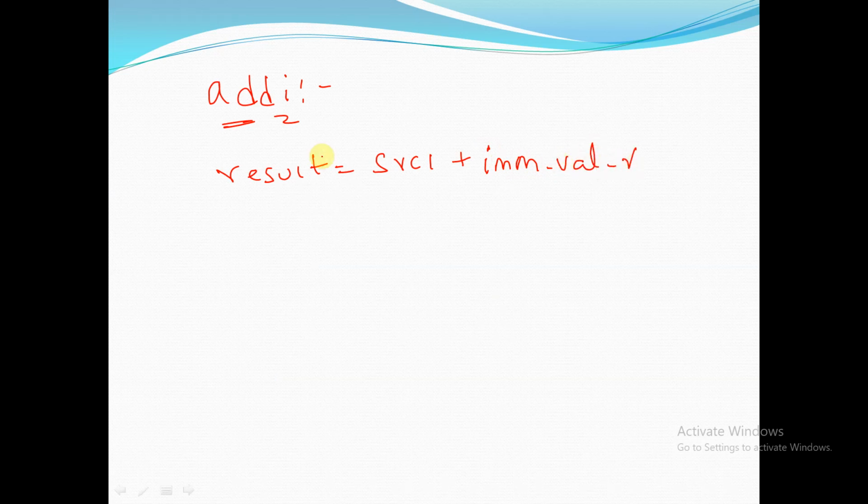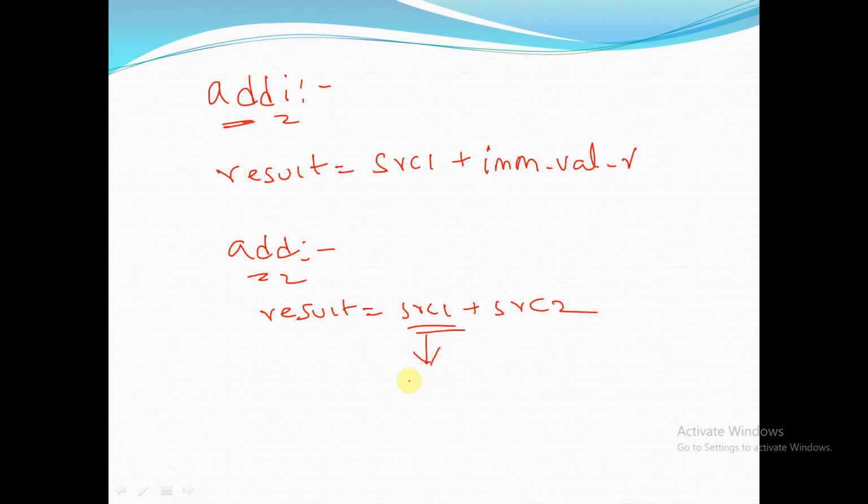Previously, in the case of the normal R type add instruction, we simply did result is equal to source 1 plus source 2. Source 1 we get from the register file unit, RFU, and source 2 also from the RFU unit only.